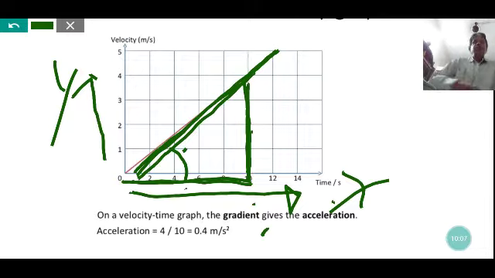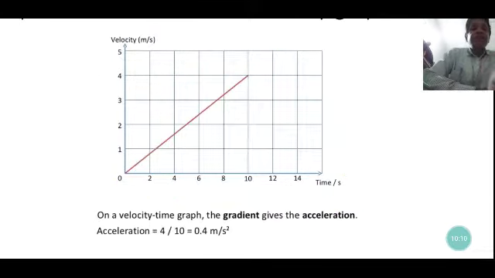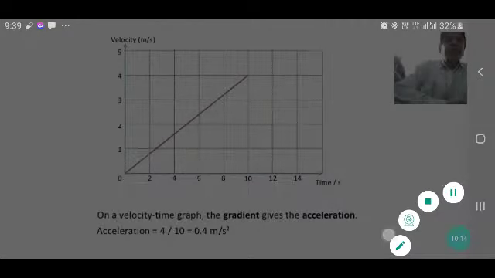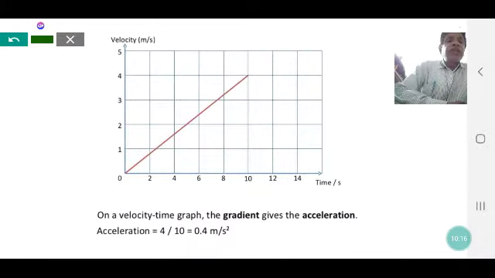Now, what would we get here? Here on the velocity time graph, the gradient gives the acceleration. The change in velocity from this point to this point is the perpendicular of this triangle.